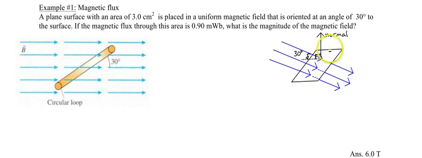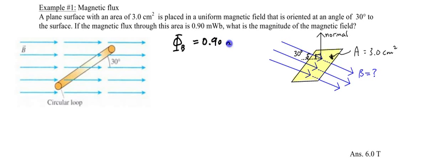You're told that this area is a value of 3 centimeters squared, and you're asked to determine the magnetic field B. And you're told that the magnetic flux phi sub B is equal to 0.90 milliwebers.